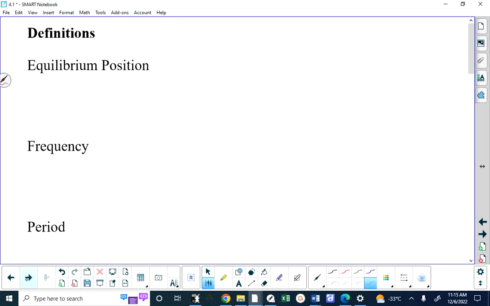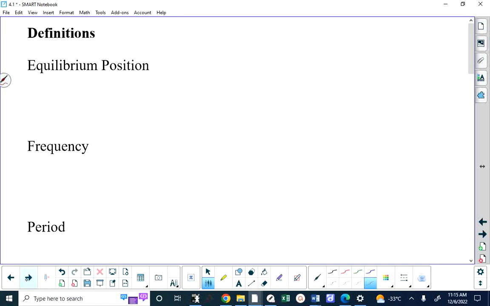If I use the top of that hook, it's the height of my nose. So where's the equilibrium position when it's oscillating? At the height of my nose. And it shouldn't take a great leap of logic to figure out that it goes just as far below my nose as it goes above my nose. In other words, the equilibrium position will be in the middle.